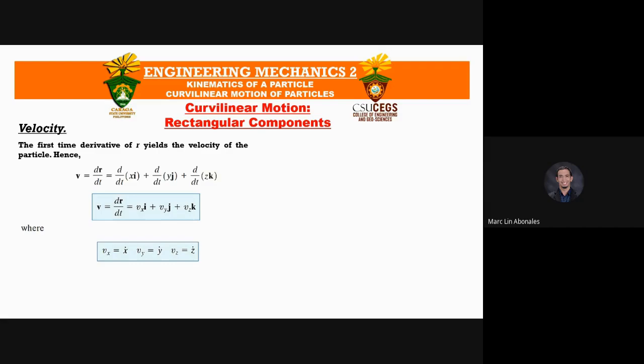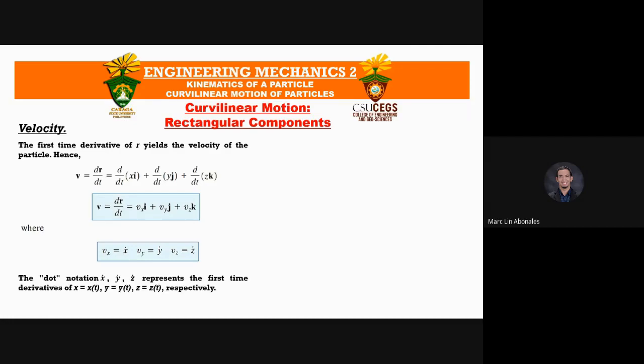Kung duha, meaning second derivative; wala na'y tulo ka dots or four or five and so forth. So kung naay dot sa taas sa imong letter, that form is what we call dot notation. Depende kung pila ka dots. If isa lang ka dot, it means that it is the first derivative of that particular component with respect to time. And kung duha ka dots, that is the second derivative of that component with respect to time. You always derive the component with respect to time.